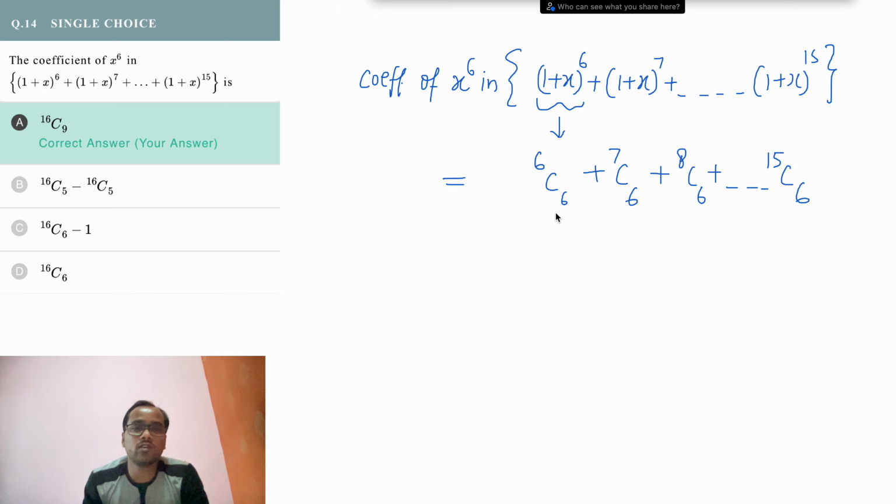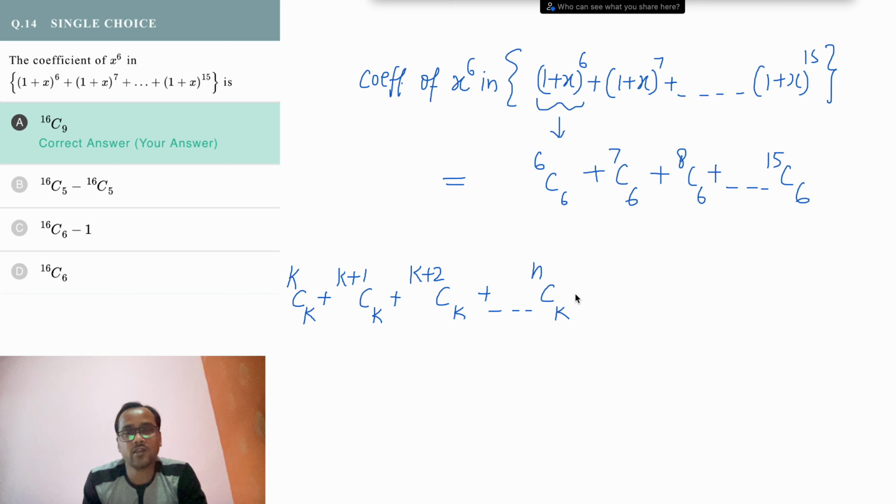So the answer for our question will be this. Now, there is a formula: kck plus k plus 1 ck plus k plus 2 ck and so on up to nck is equal to n plus 1 ck plus 1.